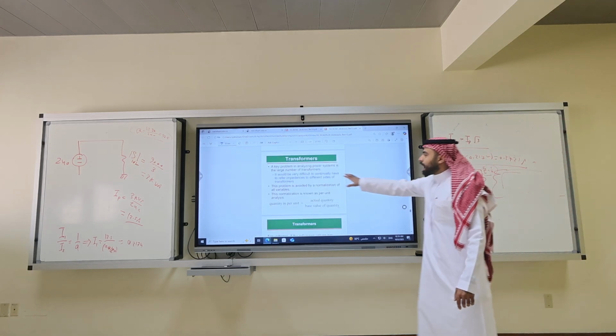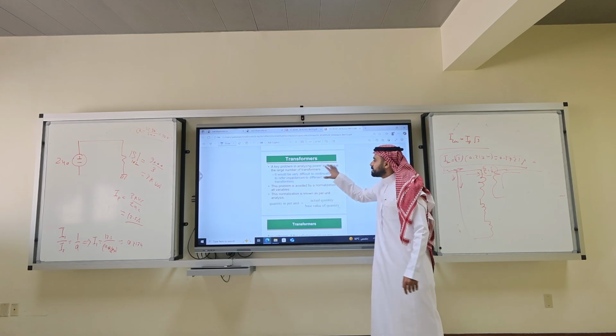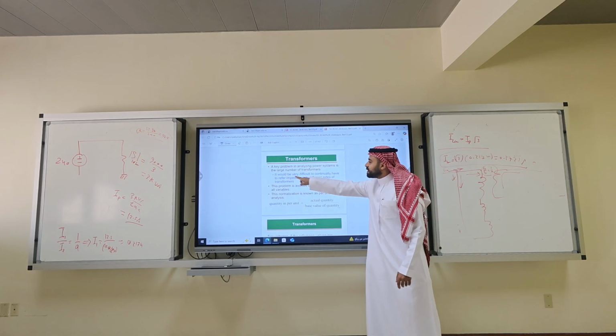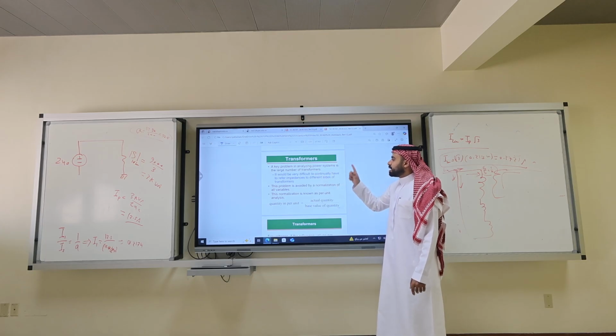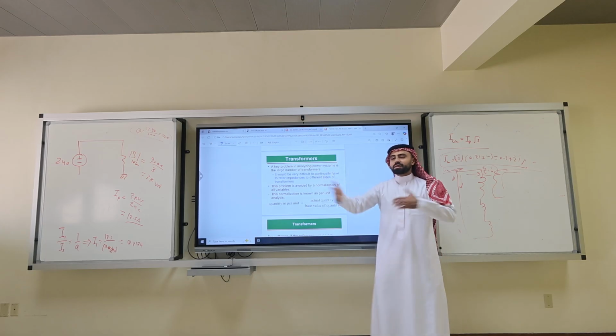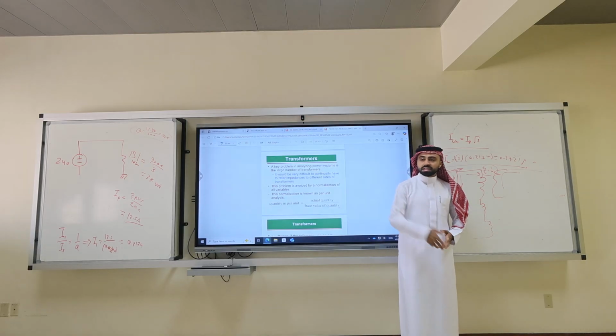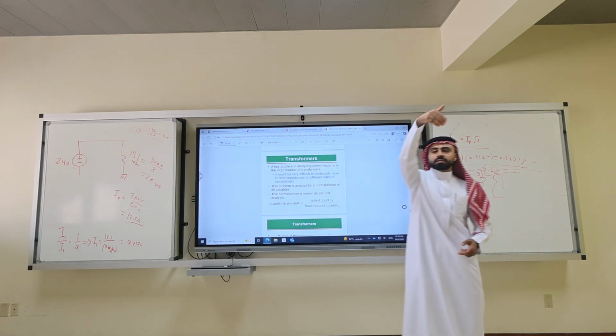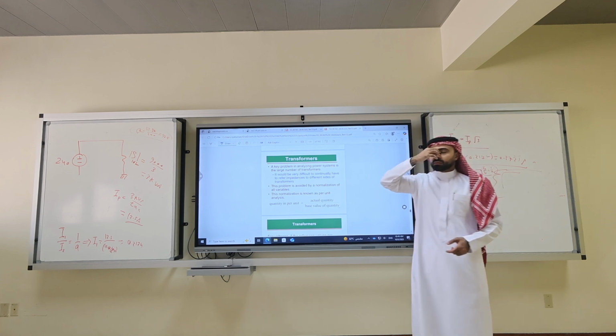So a key problem in analyzing power systems is that there is a large number of transformers. It would be very difficult to continually refer impedances to different sides of transformers. Does it make sense? This one is rated at 5,000, this one is rated at 9,000 MVA.